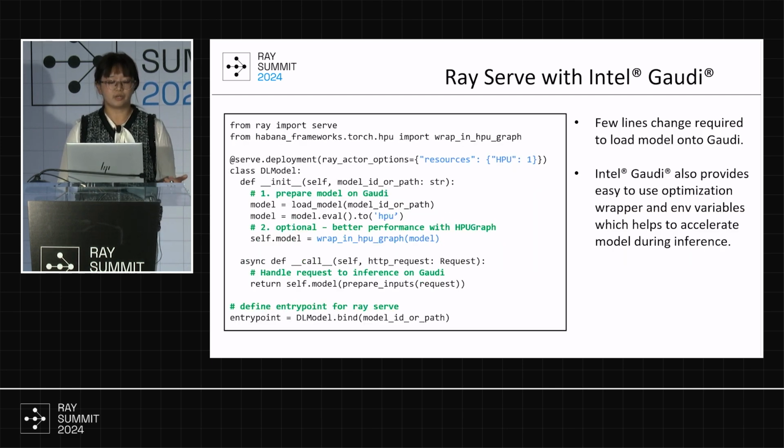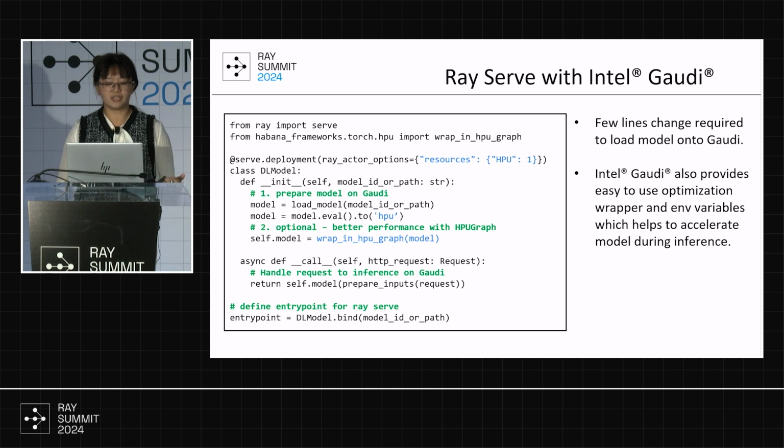Okay, so for Ray Serve, the HPU resource can be specified in the serve deployment decorator. In the inference code, users only need to assign the model to HPU. One additional line highlighted here is wrapping the model in an HPU graph. This line is actually optional, but it's a very good way to improve your inference performance by keeping the entire model's operator execution on HPU instead of having those CPU fallbacks.